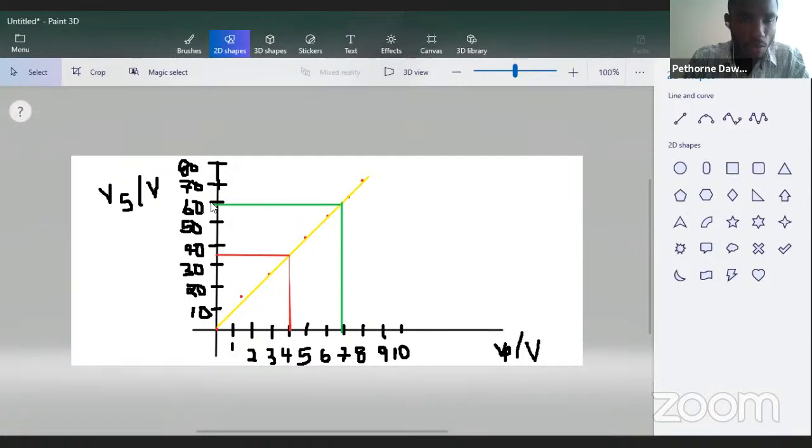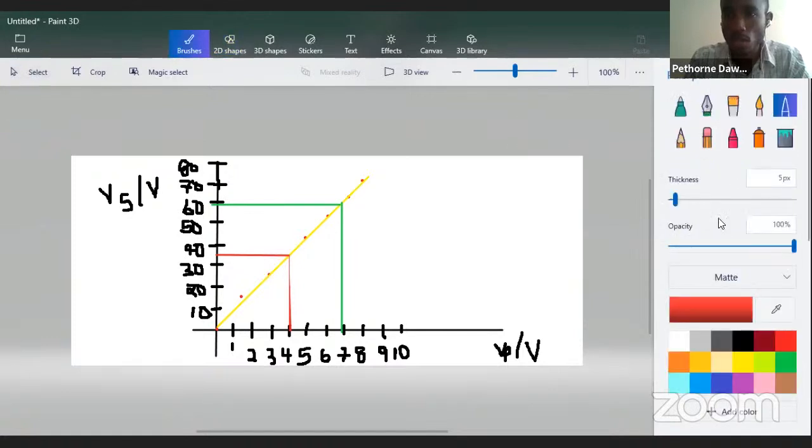So call it 60 for Y2 and 35 for Y1. Let's jot those down for clarity. Y2 is 60. Y1 is 35.